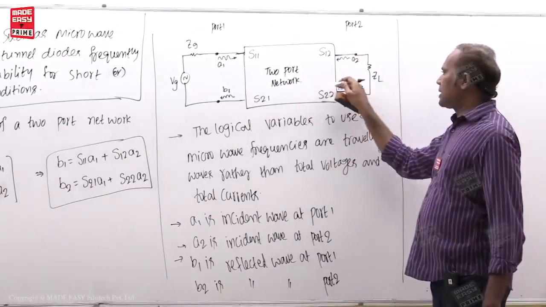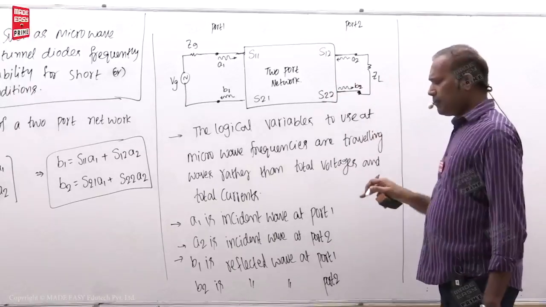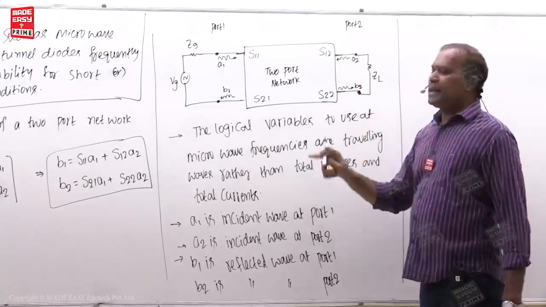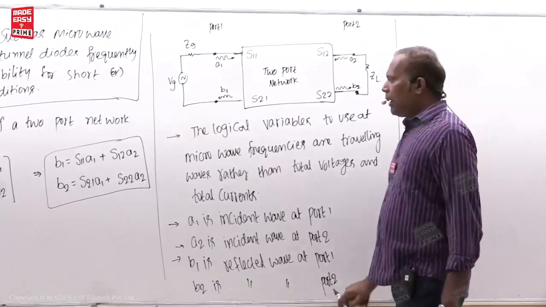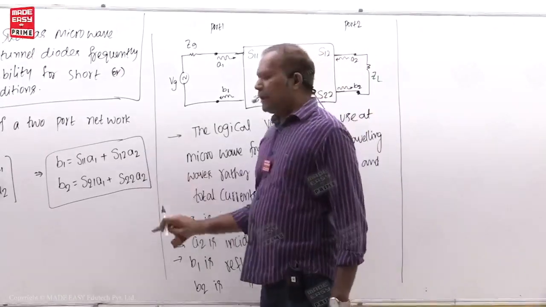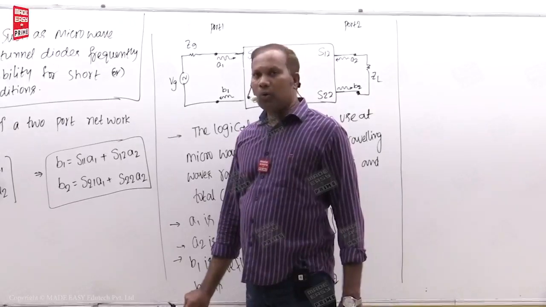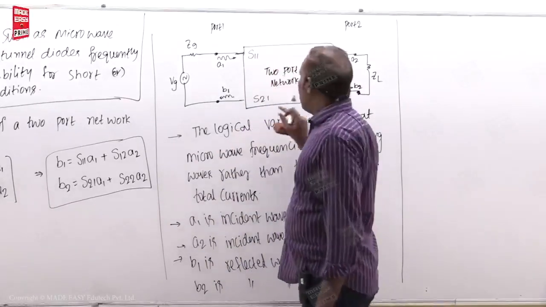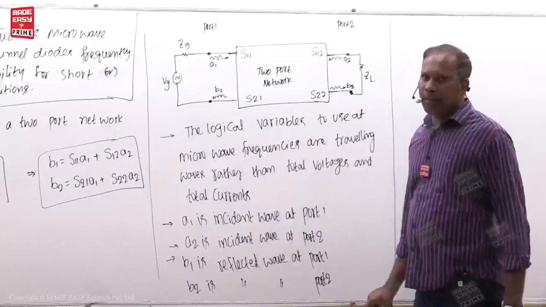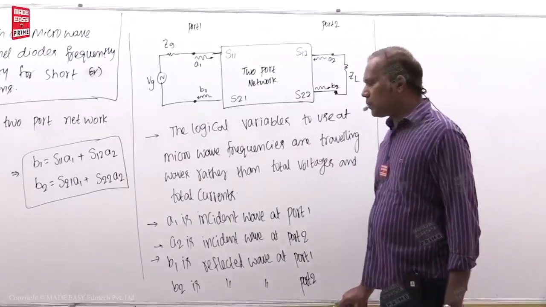Whatever signal goes inside this is received by this, nothing is reflected actually. So you have to make A2 zero. A2 zero means port 2 is matched. Impedance matching is done at port 2.